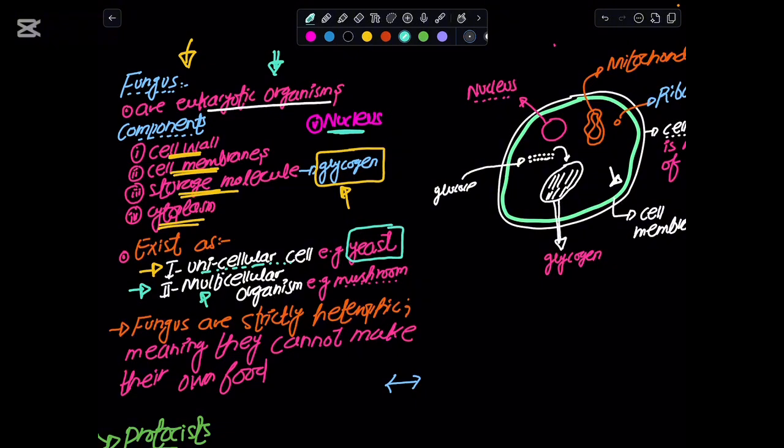The yeast is an example of a unicellular fungus, which is microscopic. And you may have gone to a restaurant where you ate mushrooms. The mushrooms that we have are multicellular fungi.